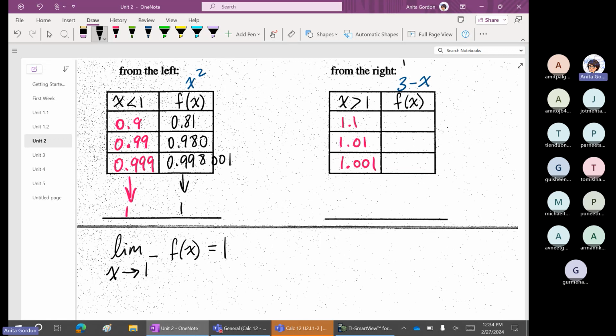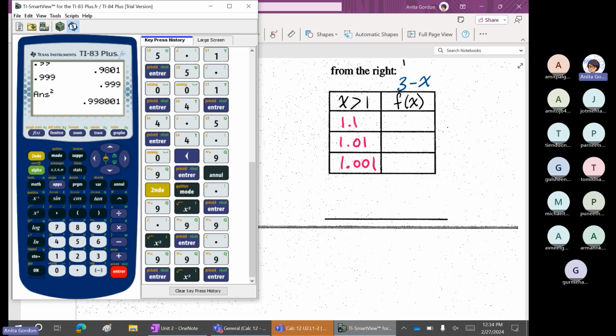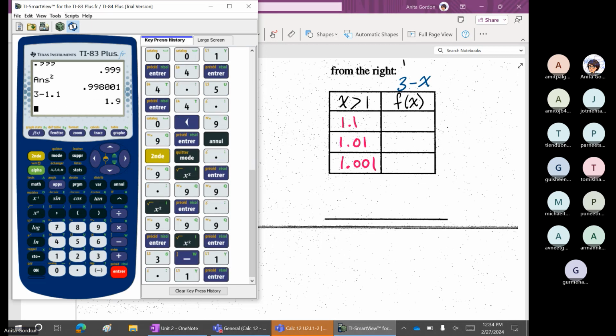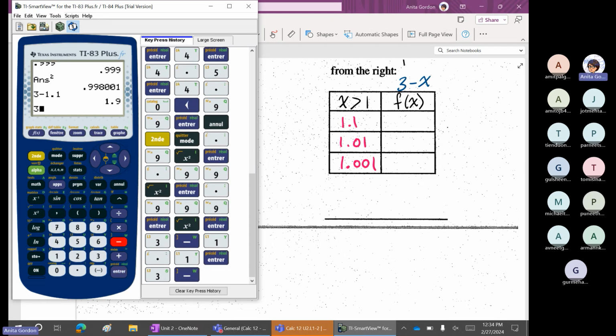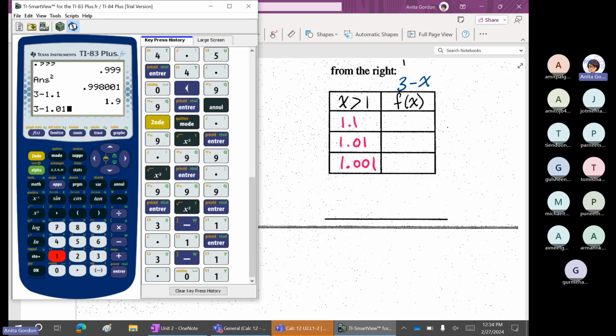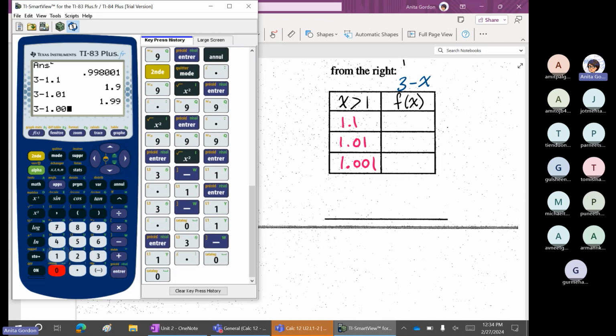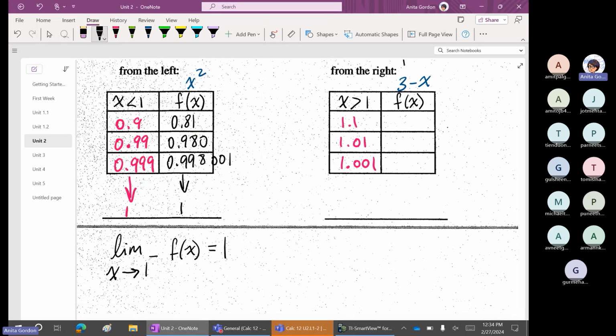Now I'm going to do the same thing, but from the right. I'm going to say 3 minus 1.1, 3 minus 1.01, 3 minus 1.001. Okay, that's our numbers here. So I'm going to write that in. I go from 1.9 to 1.99 to 1.999.